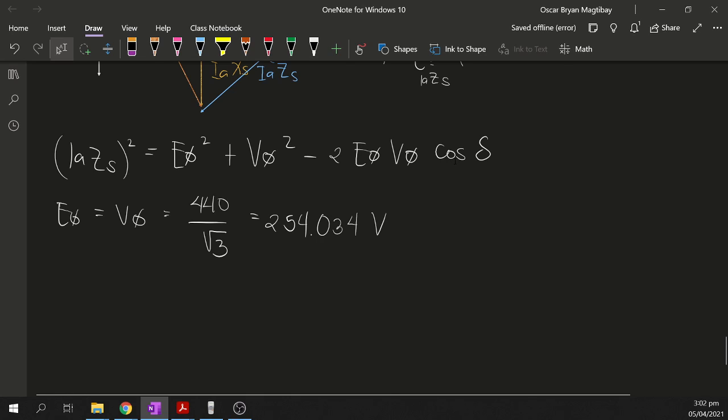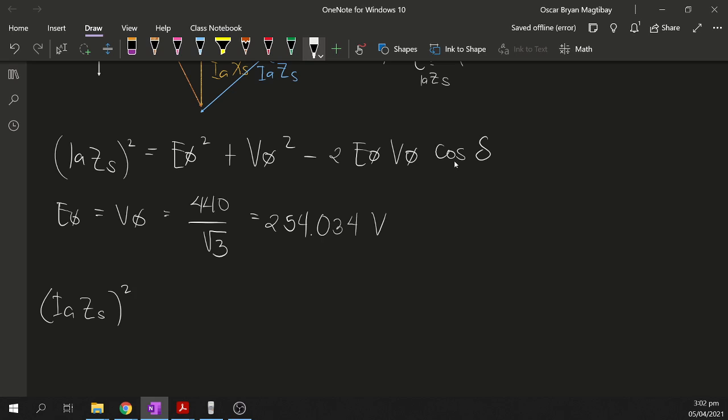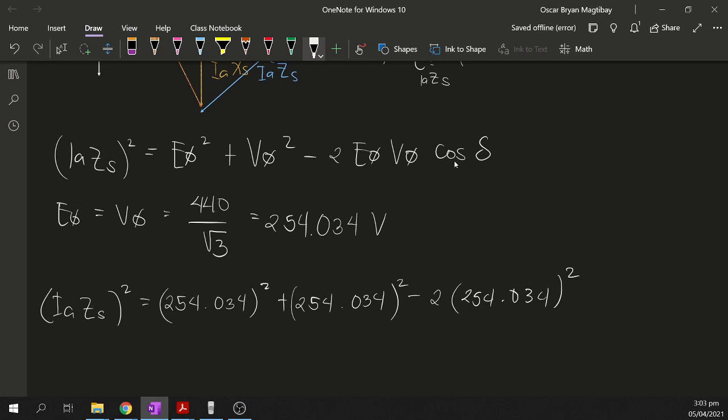So, may kuha natin ngayon si IAZS. IAZS quantity squared is equal to 254.034 squared plus 254.034 again squared kasi magkaparehas, minus 2 times 254.034 squared ulit.